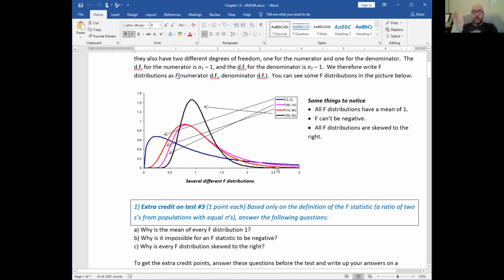So the thing you want to remember is the cutoff point where there's 50% of the area to the left and 50% of the area to the right is not the mean, it's the median. And this distribution is not symmetric, so the mean and median are not equal to each other.